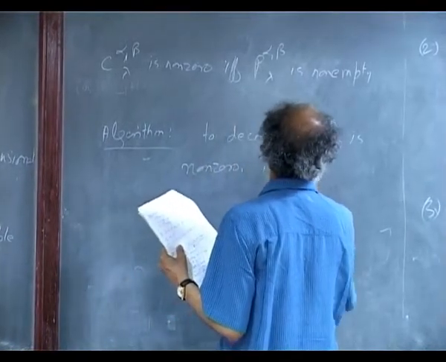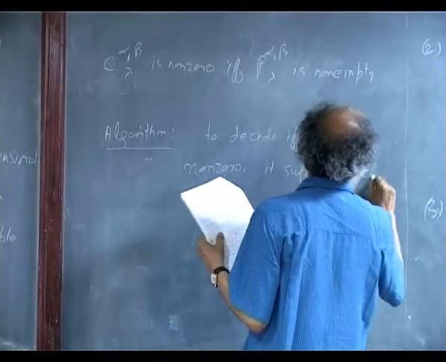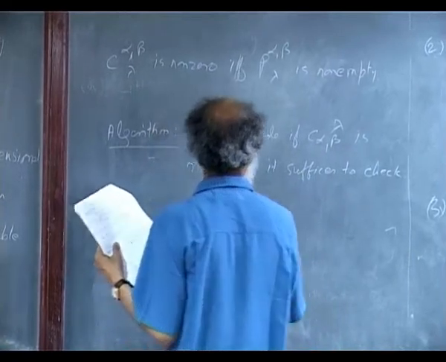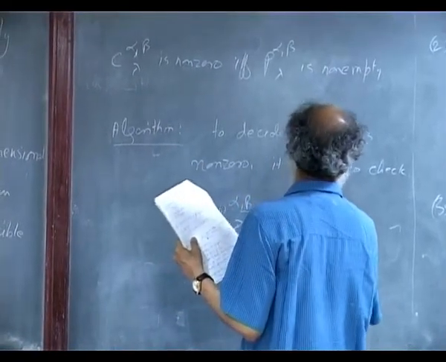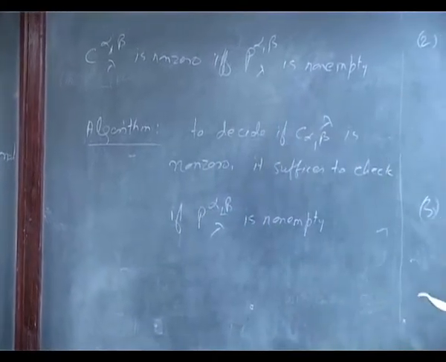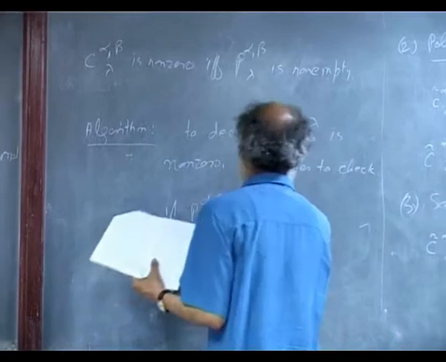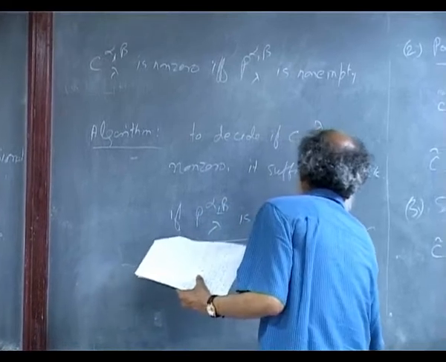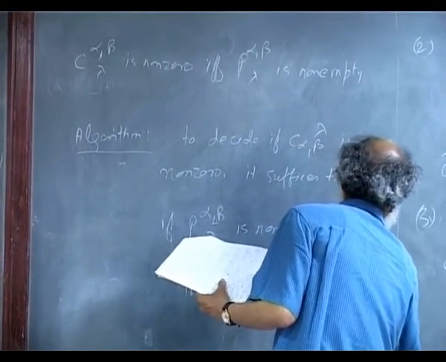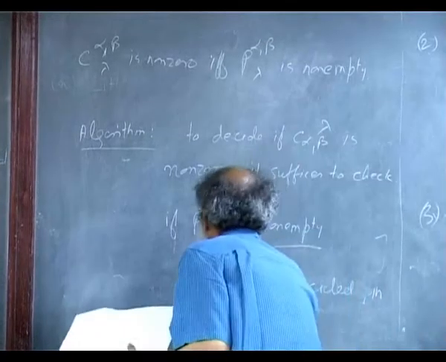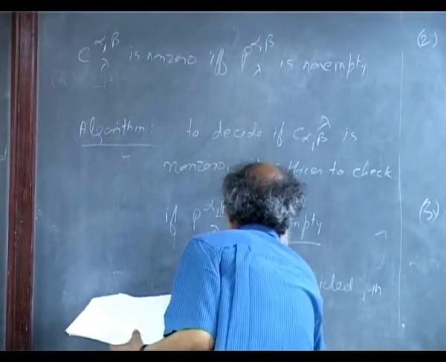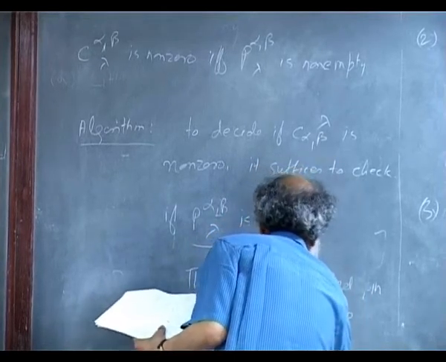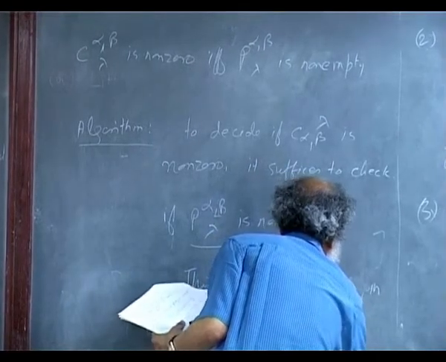It suffices to check if P alpha beta lambda is non-empty, and since this is an explicit polytope, this can be decided in polynomial time by linear programming.